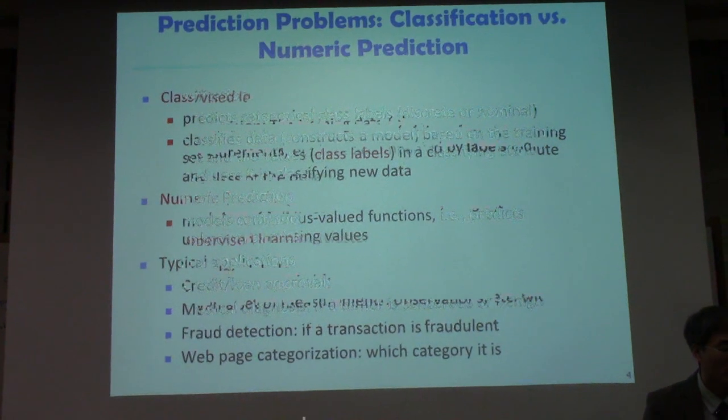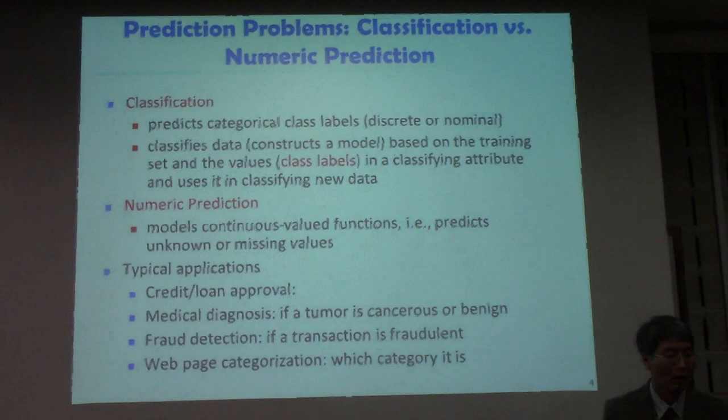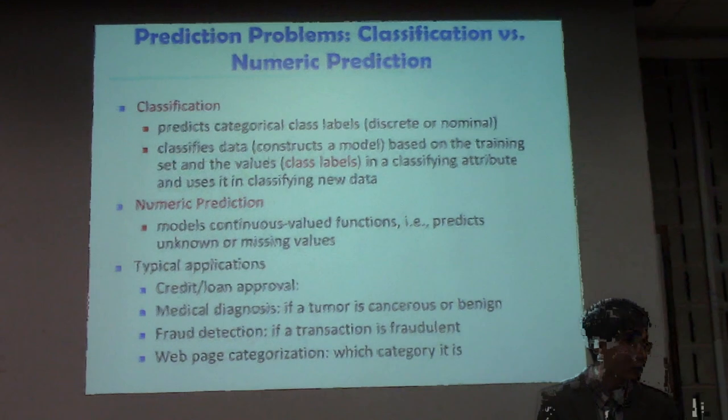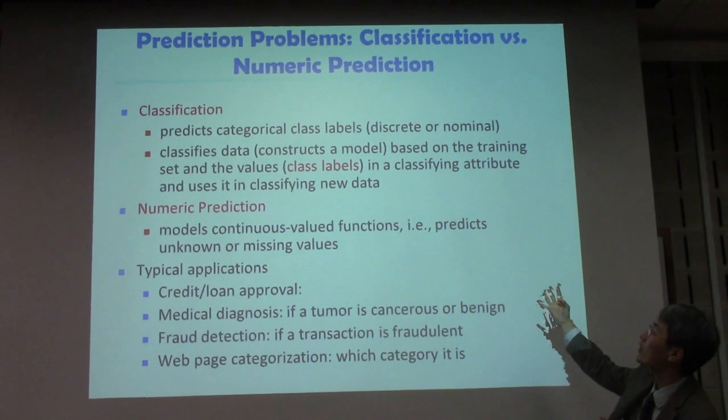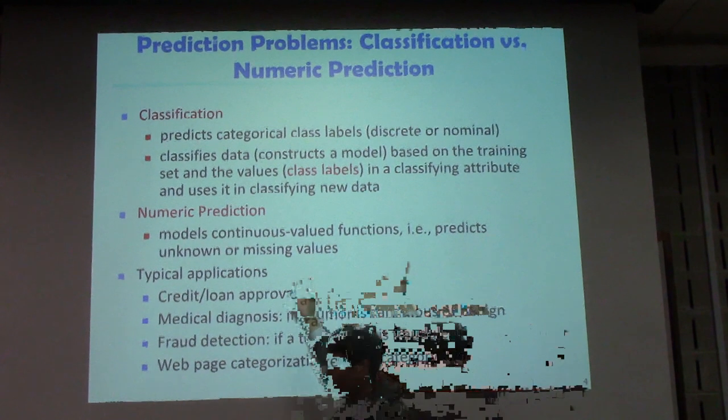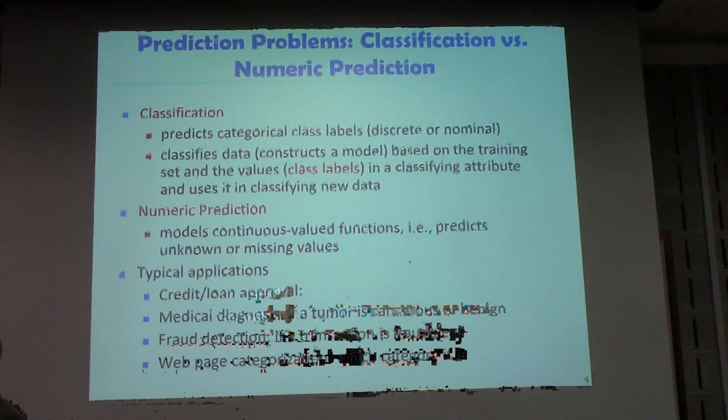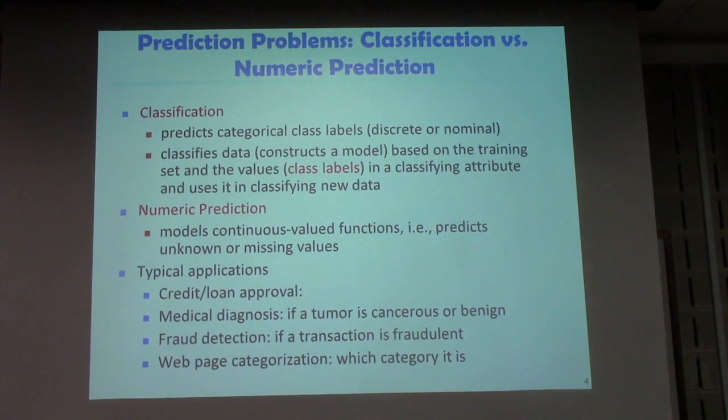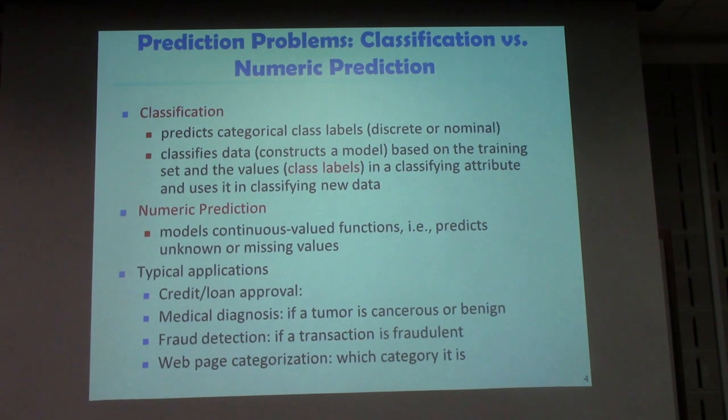So there are two types of problem in classification. One is the classification itself. It deals with the class label. So our goal is to decide the label of the class. In the breast cancer case, the breast cancer is positive or negative.